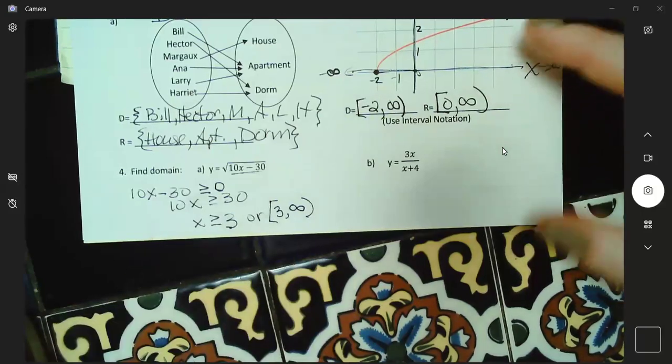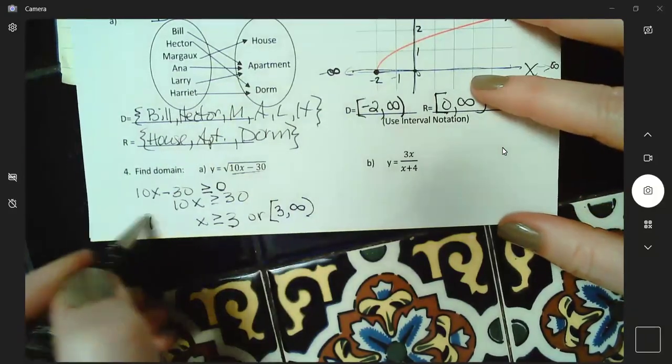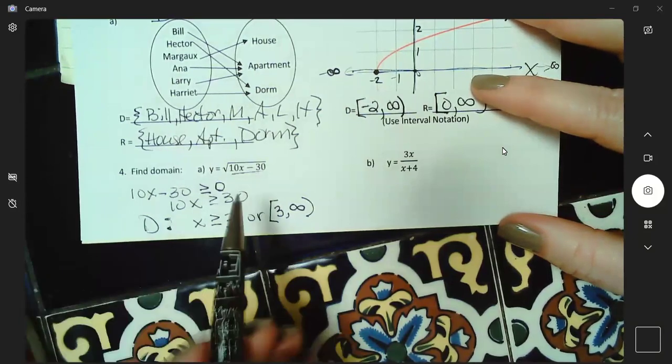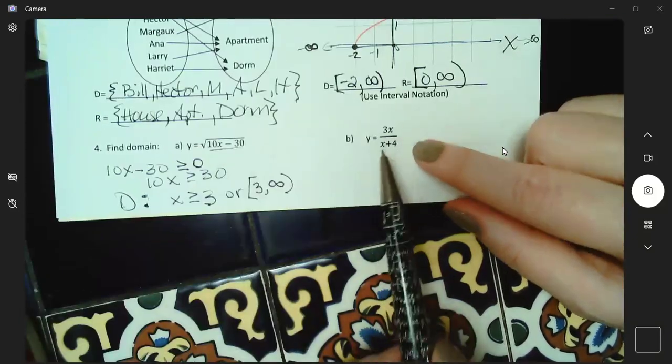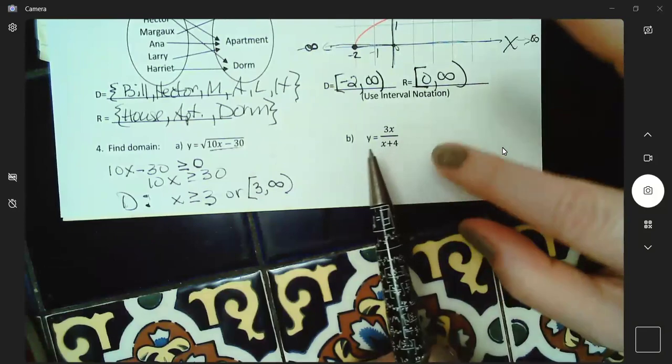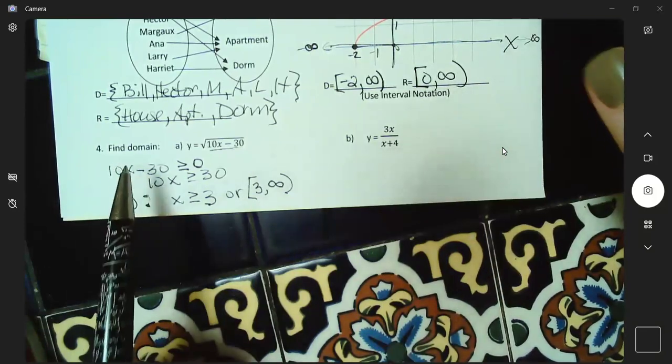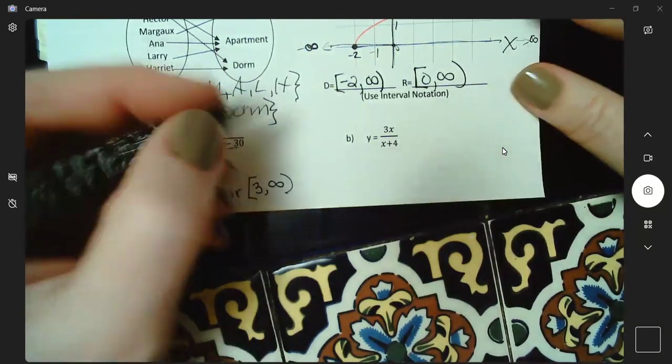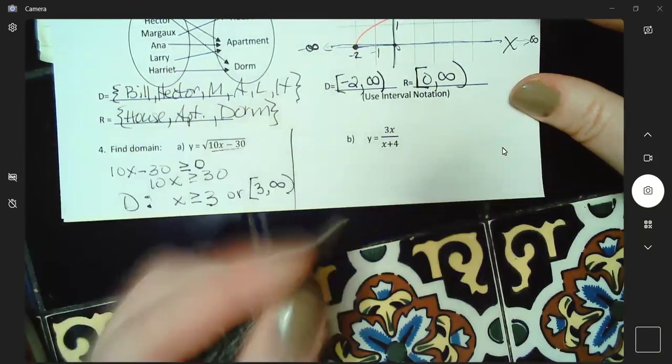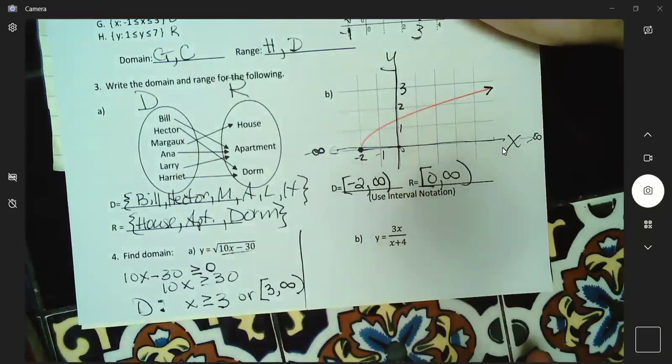So that's how you could do the interval for the domain of that. Okay, so on the square root functions and also on these fraction-looking functions, you'll just be asked about the domain. They're not really going to be so concerned with the range, but you could always graph it once we learn a little bit more about graphing.